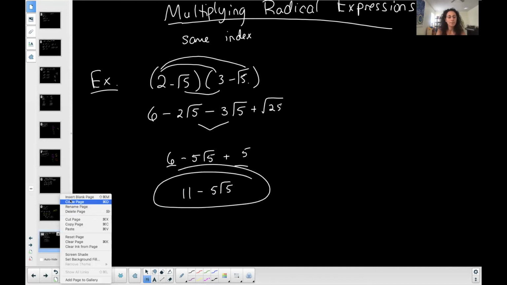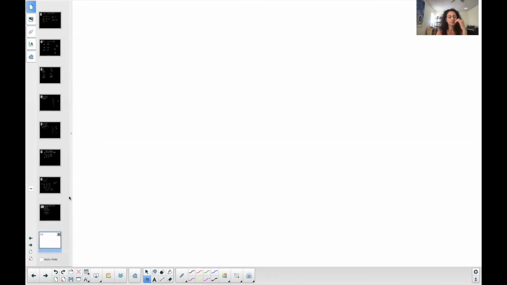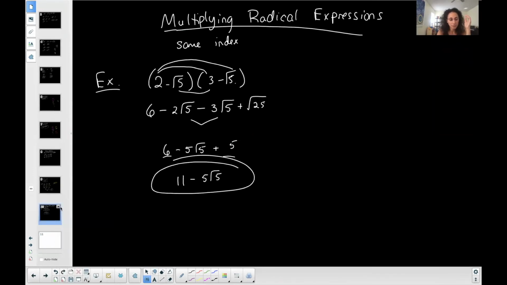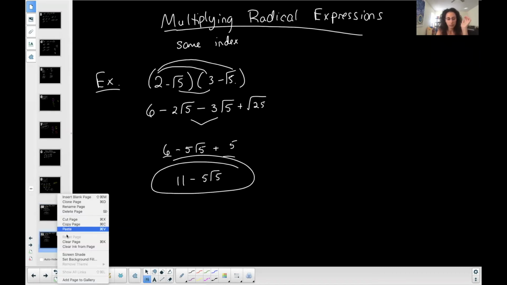Okay. Now, they don't all have to be FOIL situations. They could technically be a single term times a double term or whatever. I'll show you what I mean. Here's example 2.